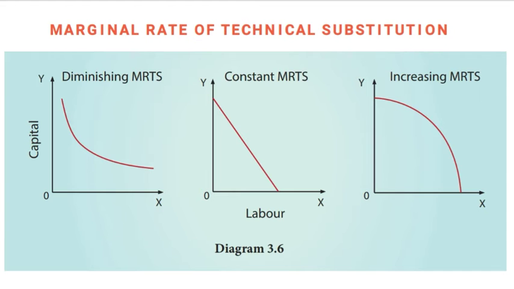Constant MRTS, that is a straight line, and increasing MRTS, that is concave, are also possible. It depends on the nature of the isoquant curve. This means that factors of production are substitutable for each other. The capital substituted per unit of labor goes on decreasing when the isoquant is convex to the origin.